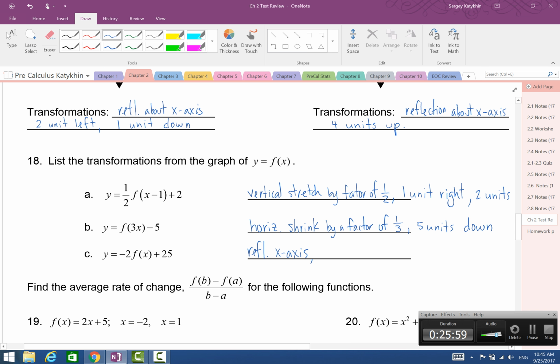It's going to have a vertical stretch by 2, and 25 units up. So that's what we have for that problem.